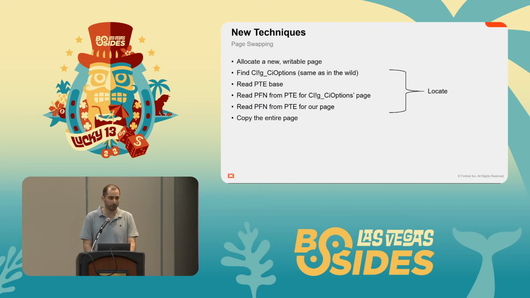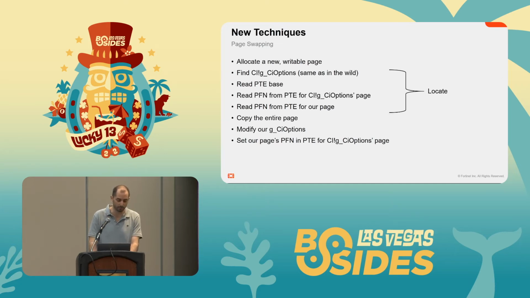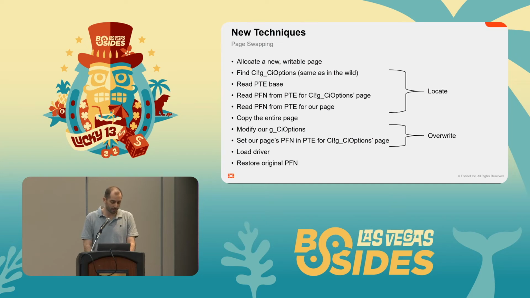From there, we need to copy the entire page from the old one, from the DLL, to ours, so nothing else will break. Then we modify CI options in order to disable it in our new page. And then we swap the PFNs as we talked about before, load the driver, and restore the original PFN later on.